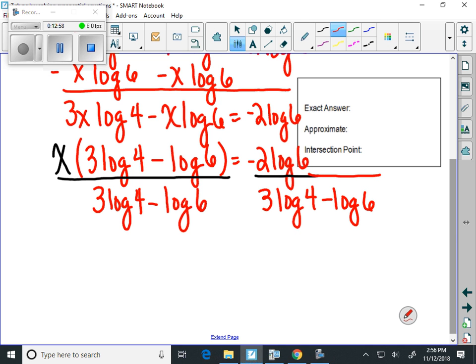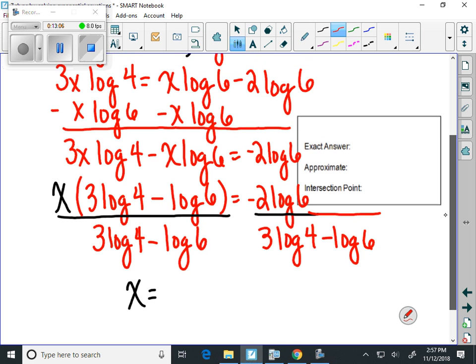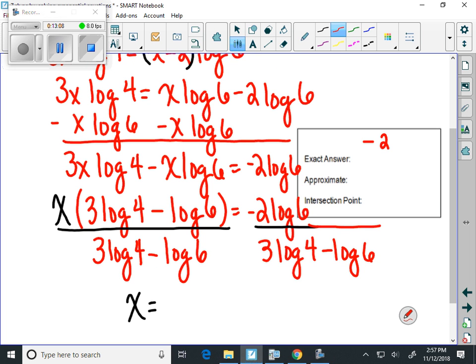So ultimately what we end up with here is our exact value, which I, again, won't be able to fit into there very well, but actually I might try it. Negative 2 log 6 divided by 3 log 4 minus log 6.